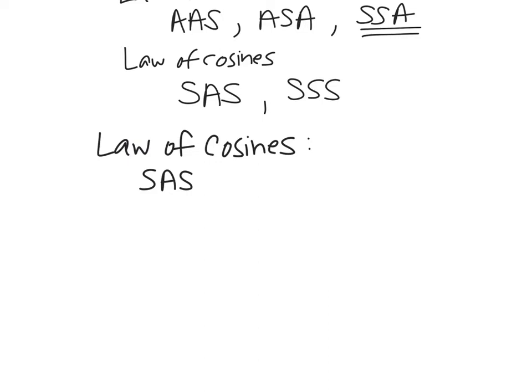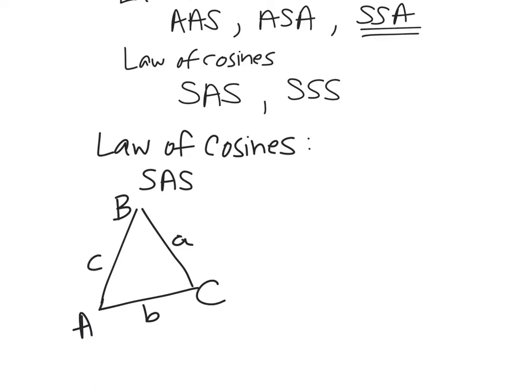Suppose that you have a triangle A, B, C. And this is little a, of course, little b, and little c. Okay. And let's say that we were given side C, angle A, and side B. Okay, so those are the things that we're given.